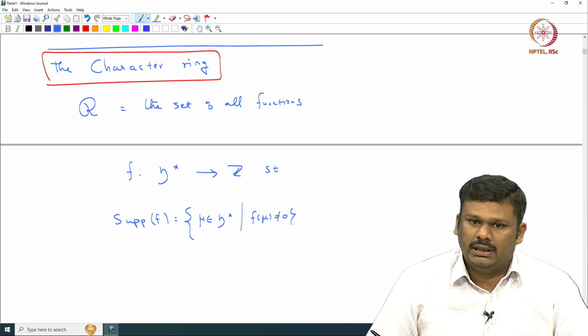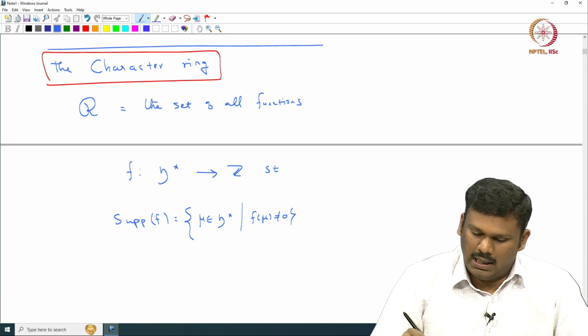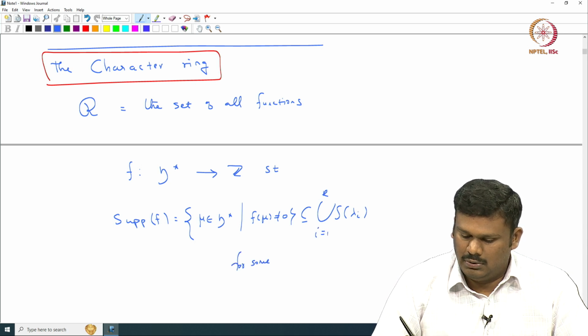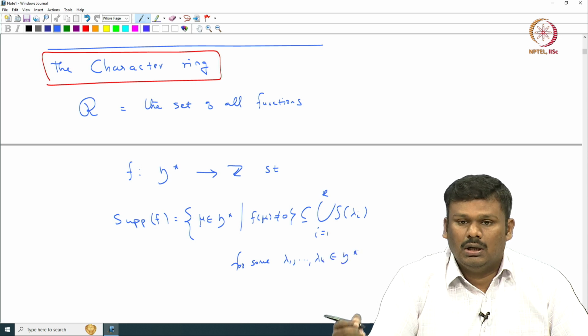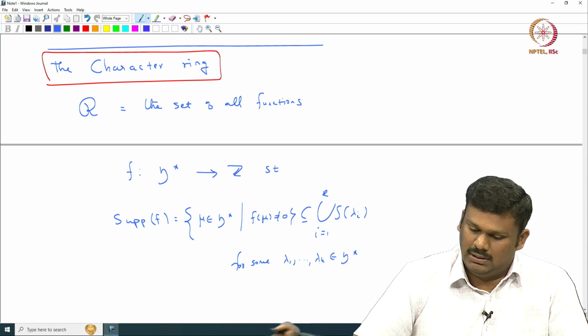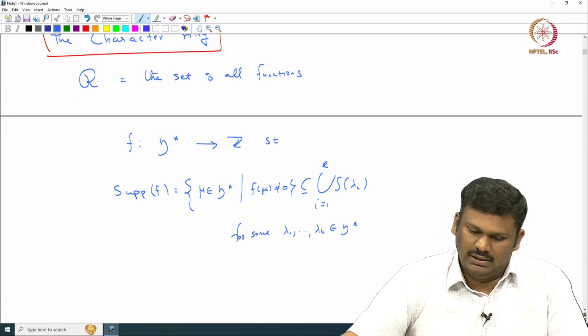We are only interested in the support, and we demand that this is contained in a union of S of lambda i for some lambda 1 etcetera lambda k in H star. Note that S of lambda can be defined for any element of H star. Okay, so such sets we take.